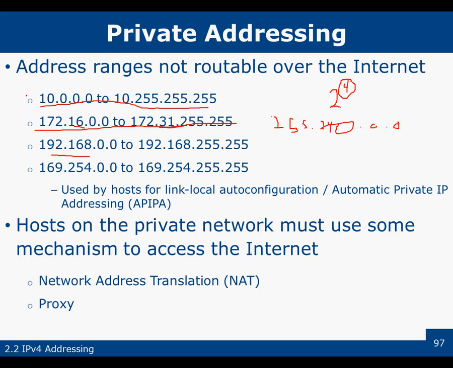In order to make these things usable on the internet, we use a process called NAT, Network Address Translation, or a proxy server. What we're going to do is take a NAT device, we'll call it here, and we'll come up with the private addresses, and then we will have a series of public addresses over here that we do a one-to-one mapping of the private addresses to the public addresses.